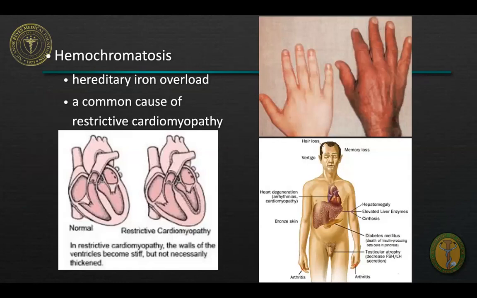Hemochromatosis is a hereditary iron overload and may cause restrictive cardiomyopathy. It can be seen as an unusually tan or bronze discoloration of the skin.